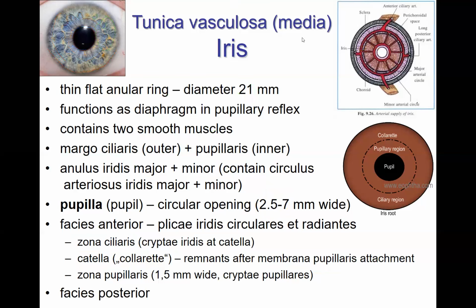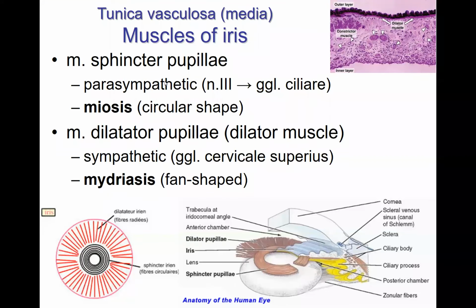Okay, so now let's go to the layers. Before the layers, of course, the muscles you already know: the sphincter for meiosis, governed by the oculomotor nerve, the Edinger-Westphal nucleus, and the dilator in English, dilatator in Latin, governed by the sympathetic nucleus in the reticular formation at the level of C8, in the ciliospinal center, and it performs mydriasis.